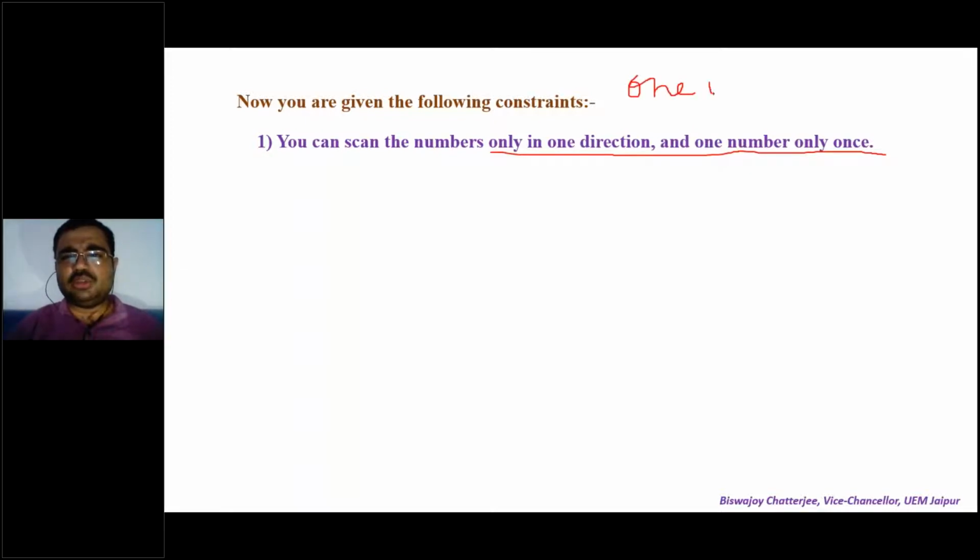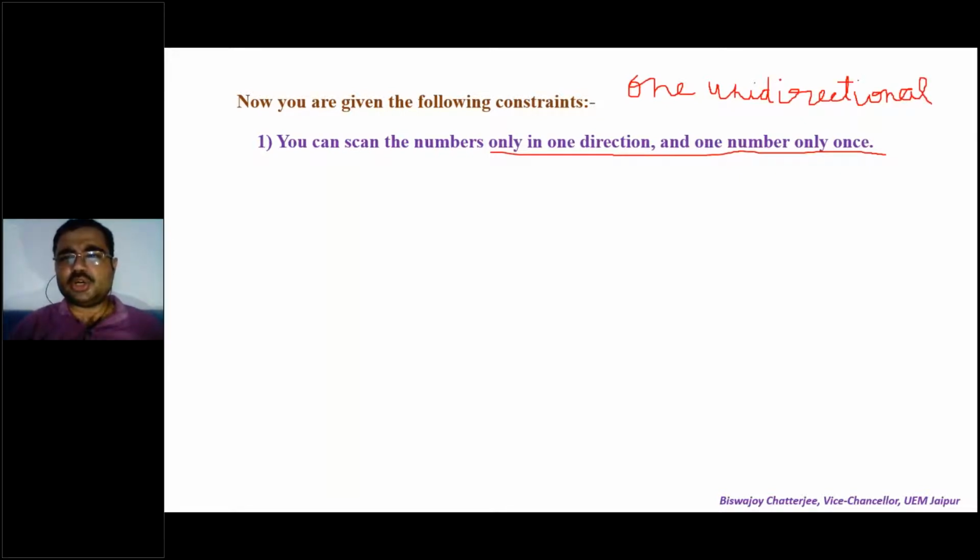Here I give you this constraint: see what I'm writing, one unidirectional scan is allowed. I'm writing it using a pen, so it is taking a little bit of time, but this is the first constraint that is given to you.